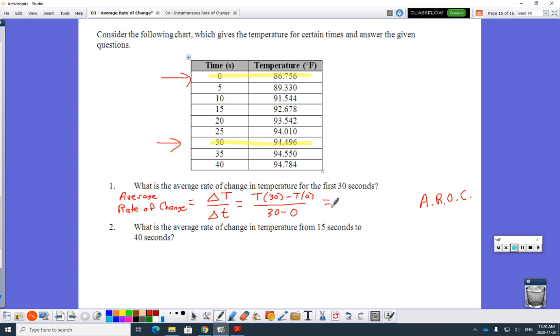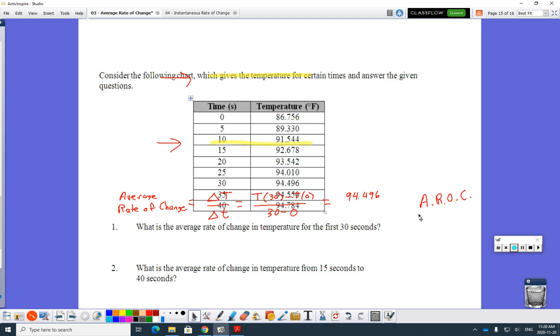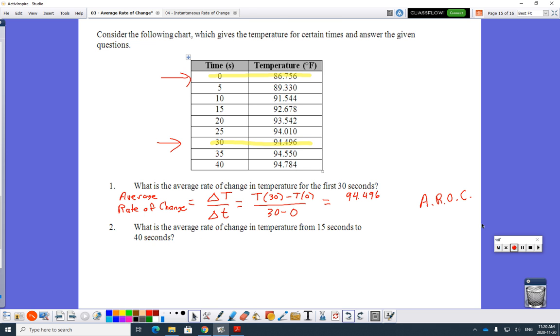The y2 minus y1 is take the temperature at time 30, which is 94.496. That was the temperature at time 30. It's the y2 if you want, but it's not y's here. It's t's. You see?